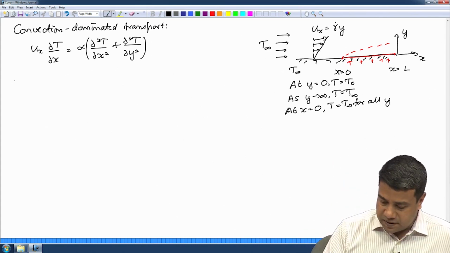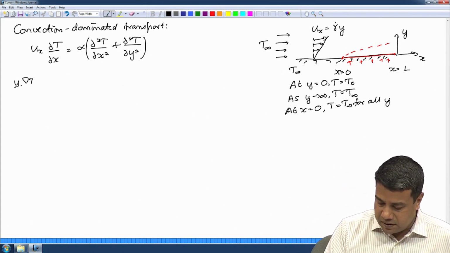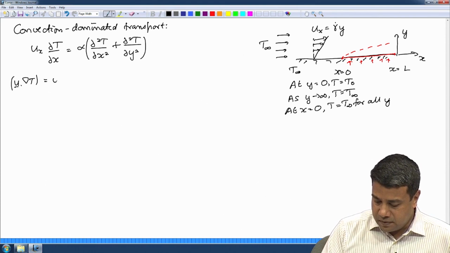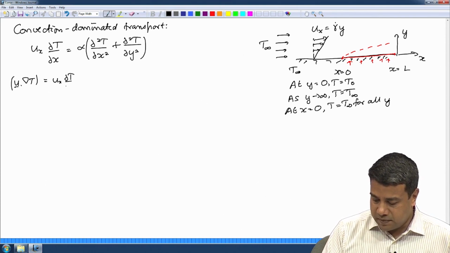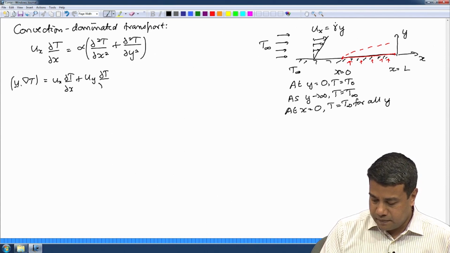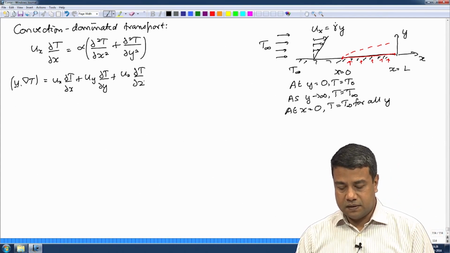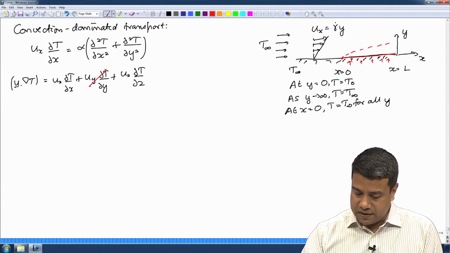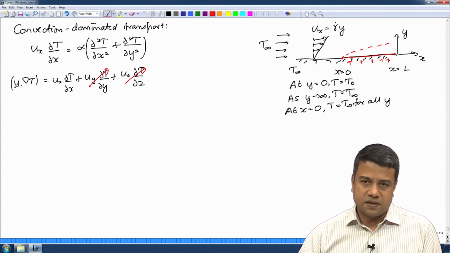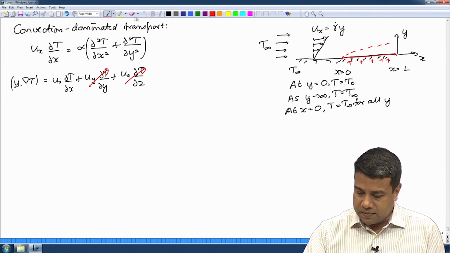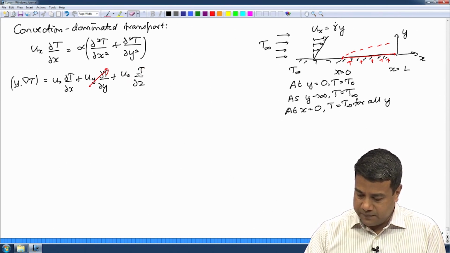This first term is u dot grad T, which is equal to ux partial T by partial x plus uy partial T by partial y. That is the term on the left side. And in that term uy is equal to 0, there is no velocity in the y direction, and there is no transport in the z direction. So, you just get ux times partial T by partial x.